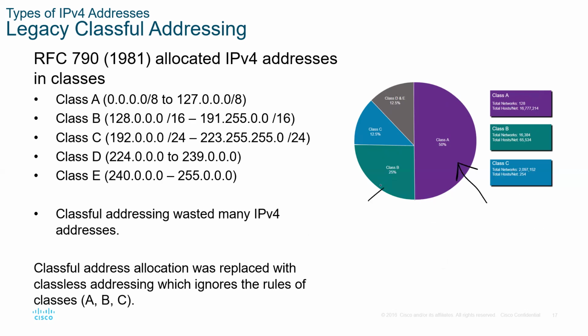I cannot use class B, because class B has 65K, which is not enough. So if my organization requires 1 million addresses, my IP addresses will definitely look like those in class A. If I have around 60,000, there is no need for me to go and buy addresses from class A.